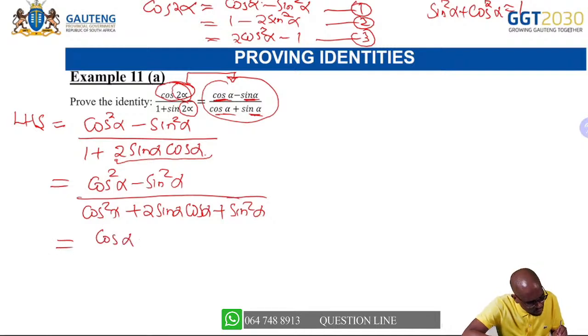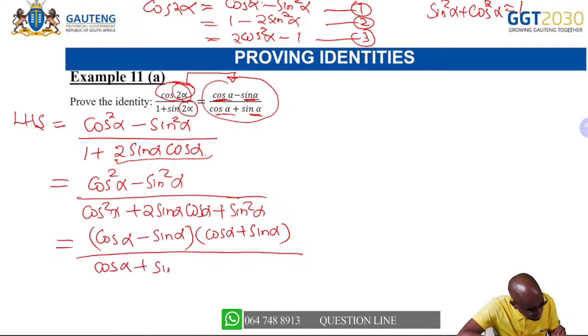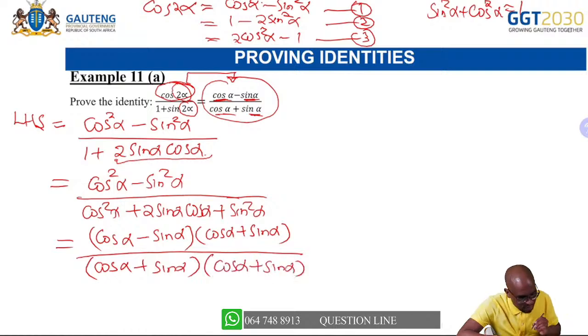Difference of 2 squares: cos alpha minus sine alpha into cos alpha plus sine alpha. That is the numerator. The denominator, I can also factorize it. This would be the cosine of alpha plus the sine of alpha into the cosine of alpha plus the sine of alpha. We can actually look at it here.